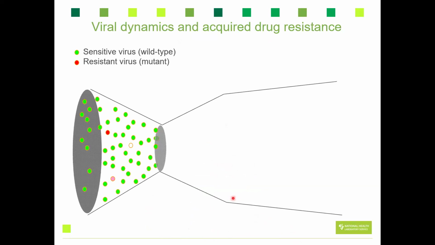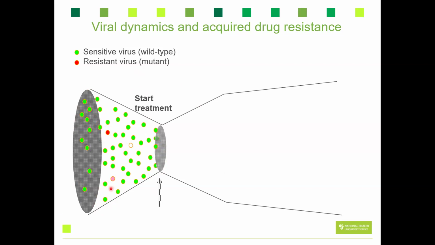So if we put this in a graphic diagram, this is your viral population, right? The green ones are the susceptible viruses, so your wild types, so there are no resistance mutations. The red one is one with a resistance mutation. And then the other colors in between are your variants. So they have mutations, but they don't impact on resistance.